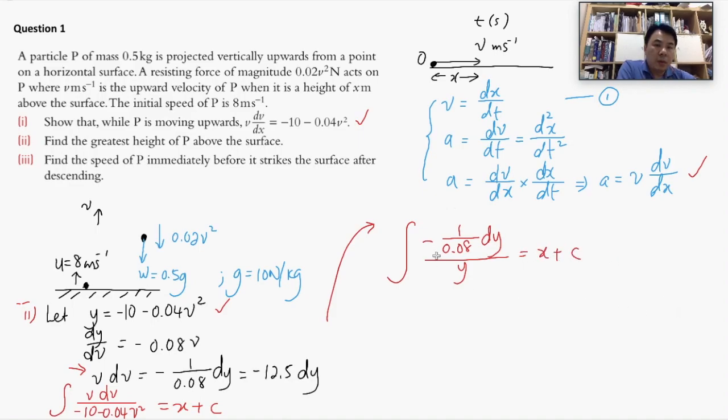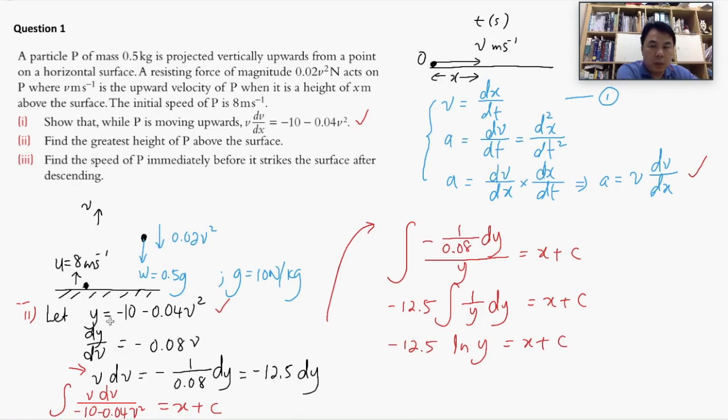Since I have converted 1 over 0.08 to negative 12.5, I might as well write negative 12.5, 1 over y dy equal to x plus c. Now we know that the integration of the reciprocal of y yields ln.